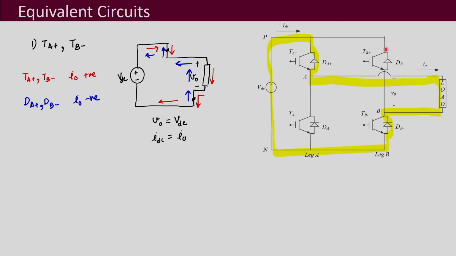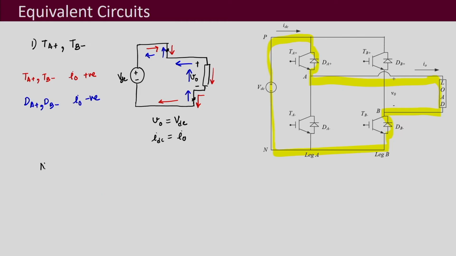So, this has to block the voltage VDC. So, the non-conducting devices have to block VDC voltage, and the conducting devices have to carry the current IO.